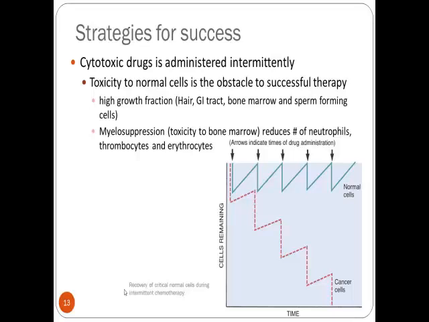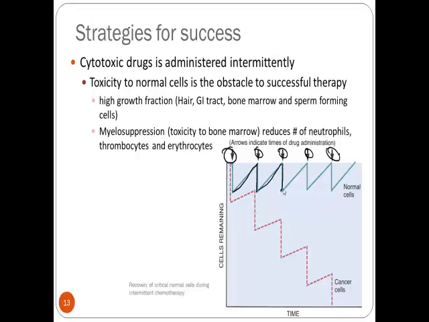And so what happens is if the cytotoxic drugs are administered at regular times, the rationale is that it will kill both the healthy and the cancer cells, but once that's done, the normal cells have a chance to recover, and then when you give the other one, they have a chance to recover again.